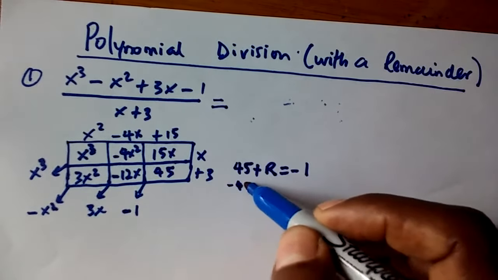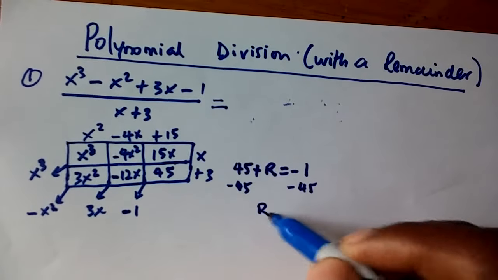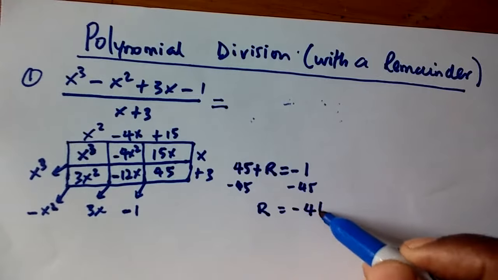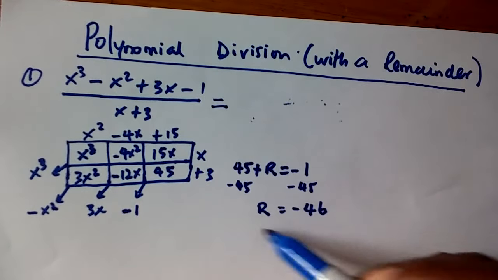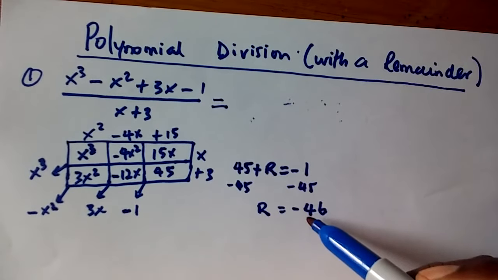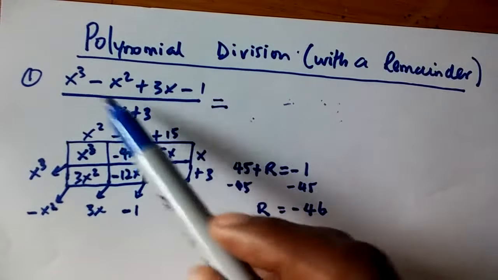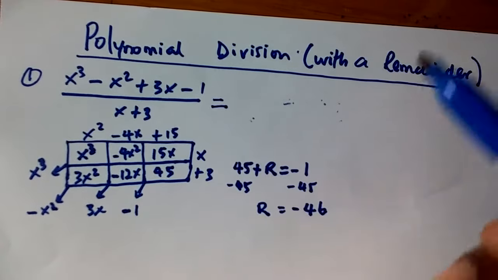So subtracting 45 from both sides, that number must be -46. What that tells me is that that number, -46, is the remainder that we will get when we divide this dividend by the divisor. We get a remainder of negative 46.